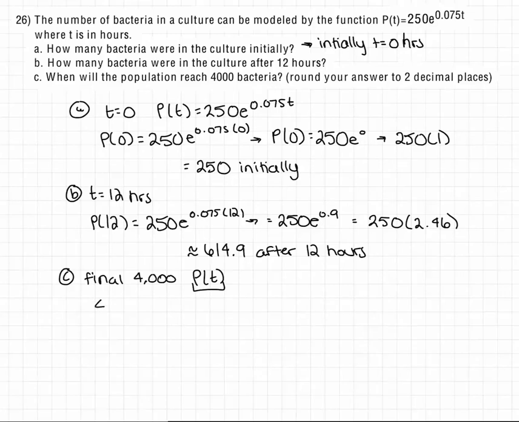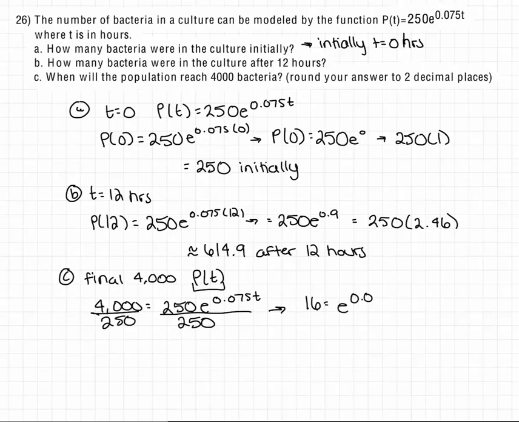So when we do that, we're going to get 4,000 is equal to 250e raised to the power of 0.075 t, and t is what we're solving for. So to do this, what we have to do is divide both sides by 250 to free up that e. And when we do that, it reduces down to 16 is equal to e raised to the power of 0.075 t.